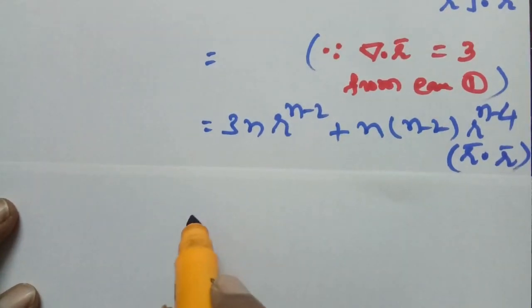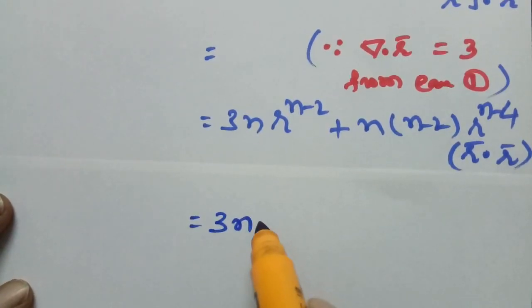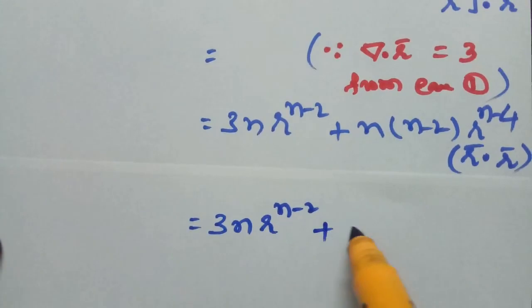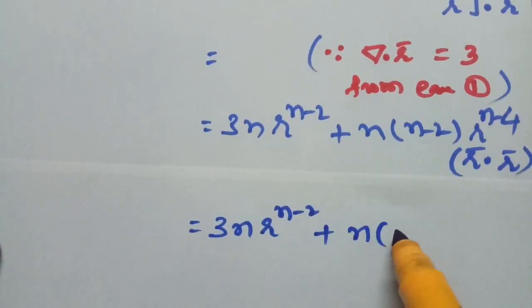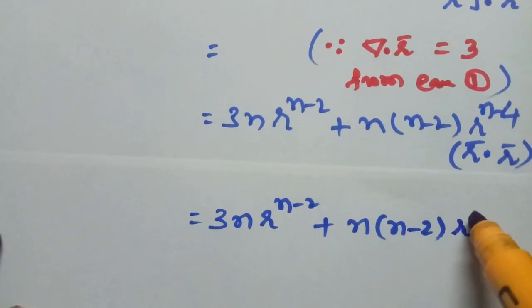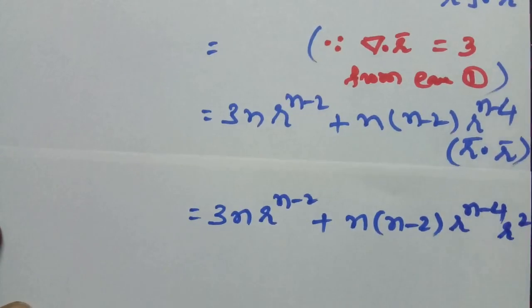This is equal to 3 n into r power n minus 2 plus n into n minus 2 into r power n minus 4 into r square.